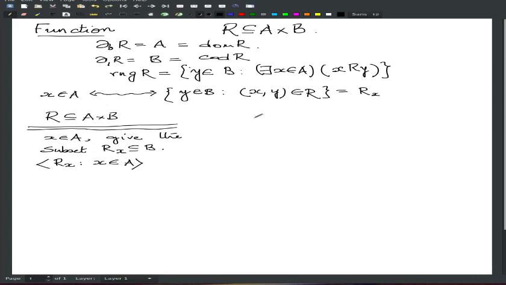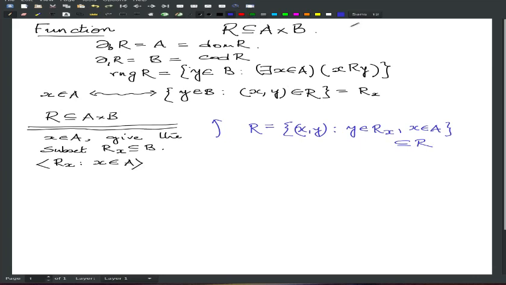As I indicated, this is how to get these Rx's from R. On the other hand, suppose you gave me this indexed family, then I'll define R to be the set of all those (x, y) such that y belongs to Rx and x is in A. So that perfectly defines a relation on A cross B. So essentially, the crux of the matter is giving a relation.